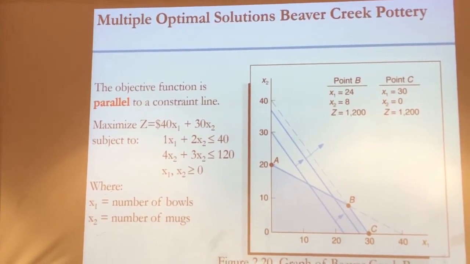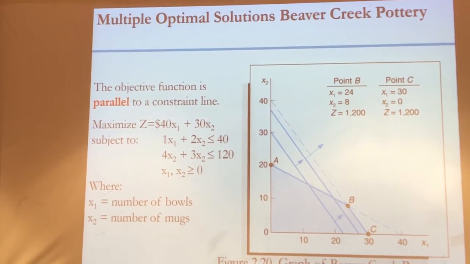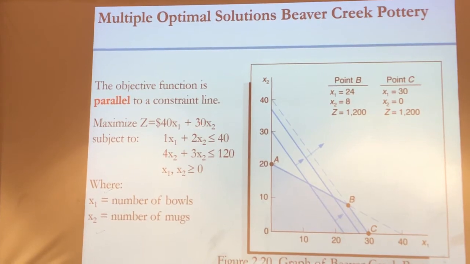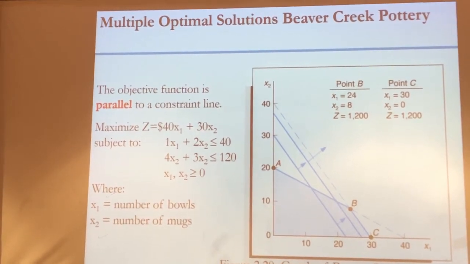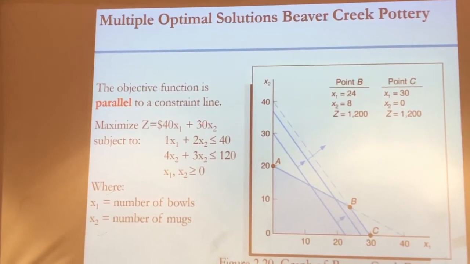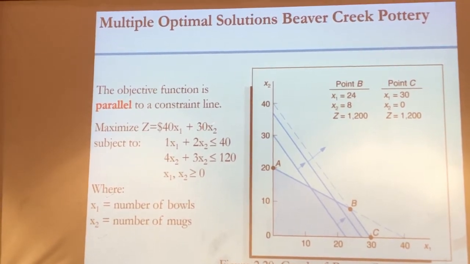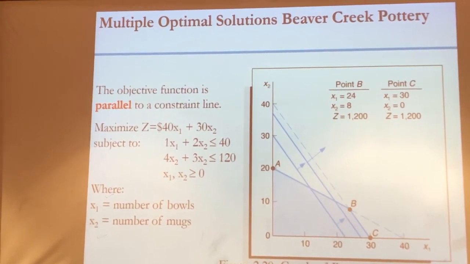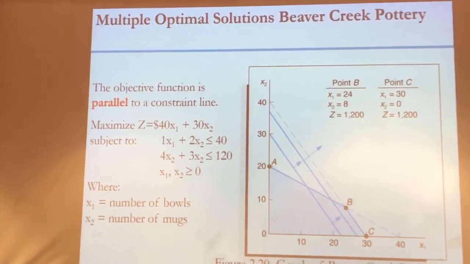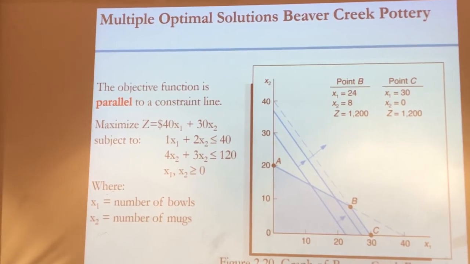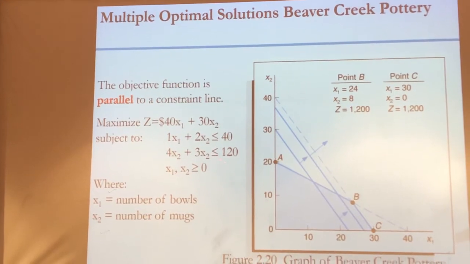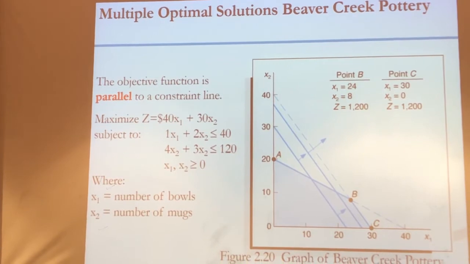Same problem, except that in the coefficient in the profit objective function, we had 50 over here, not 30. Let's say it is 30 now, and one of the constraints is 4x1 plus 3x2 less or equal to 120, and this one is 40x1 plus 30x2.